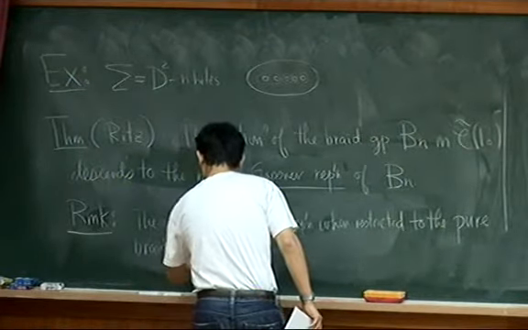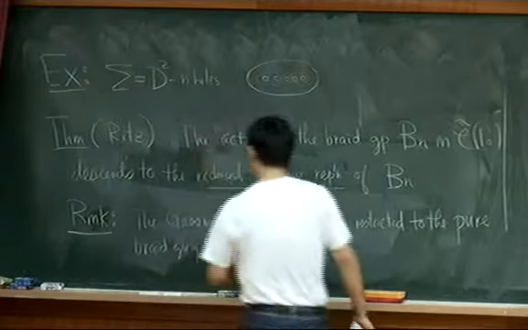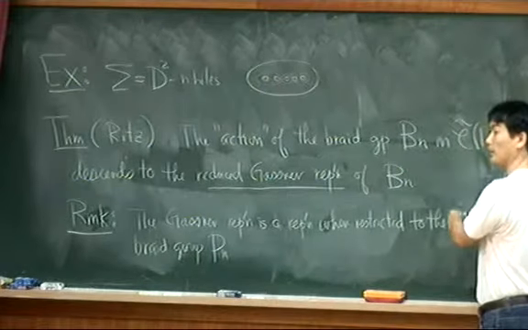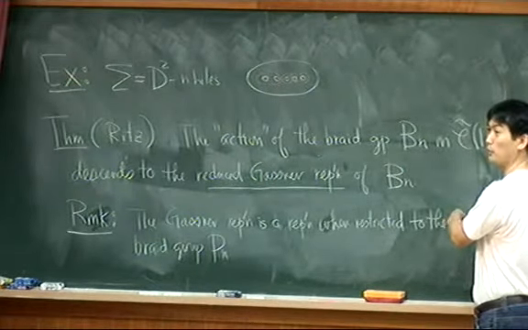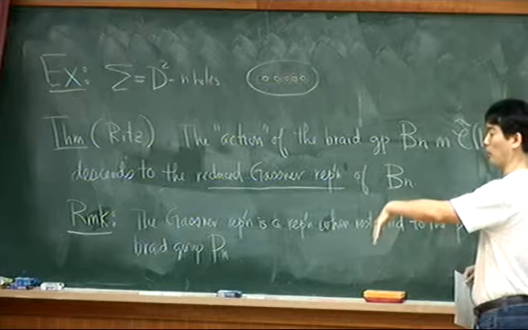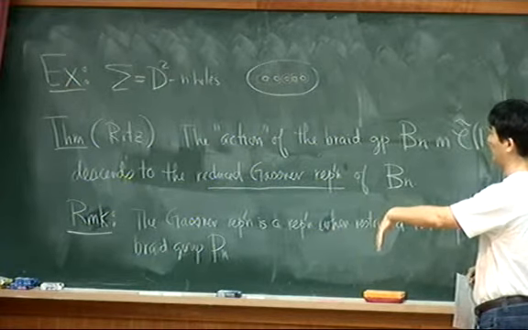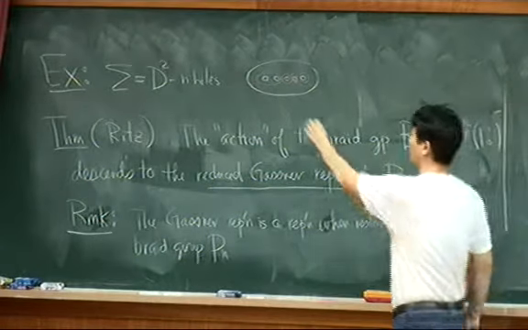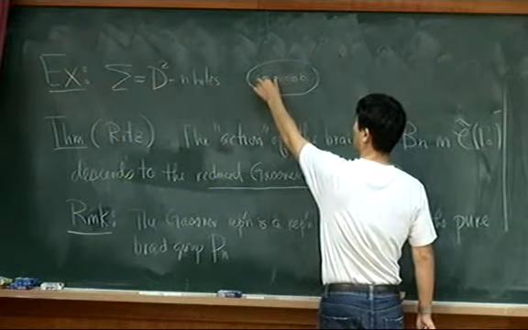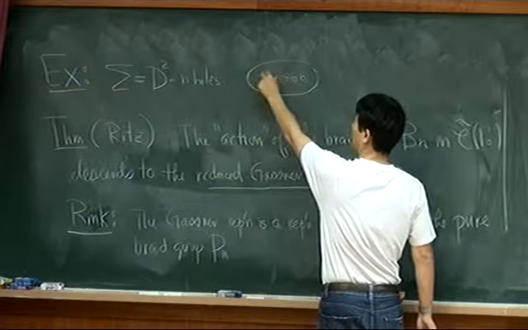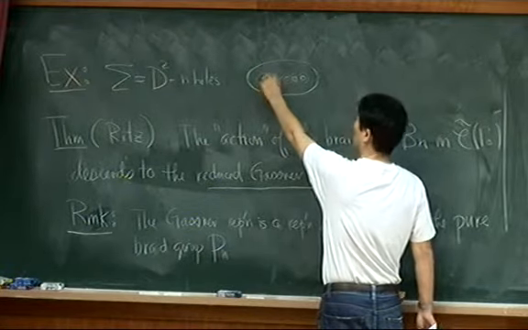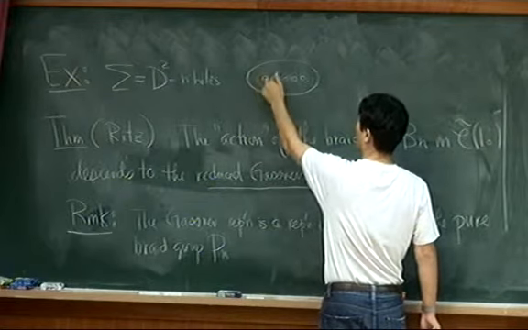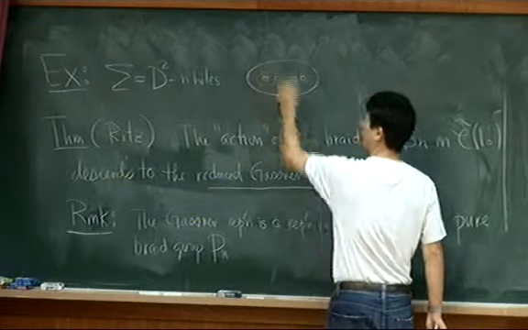Sometimes it's denoted P sub n, and if you don't remember what the pure braid group is, it's the subset of braids where you fix the points pointwise. For example, in the braid group you can do a half twist where you're permuting the points, but in the pure braid group you require that the initial point and the terminal point are the same.